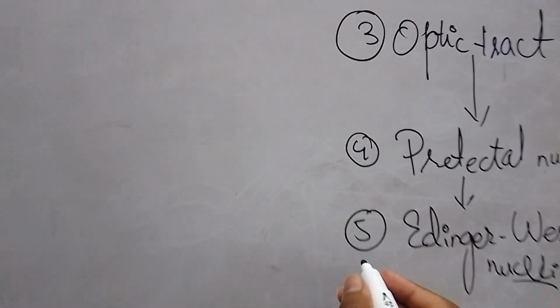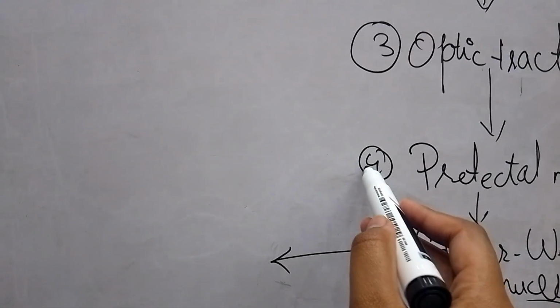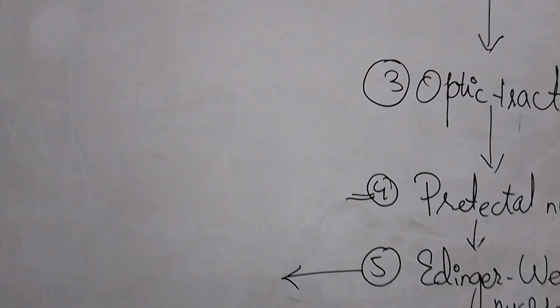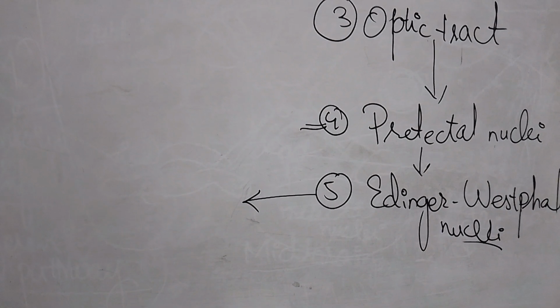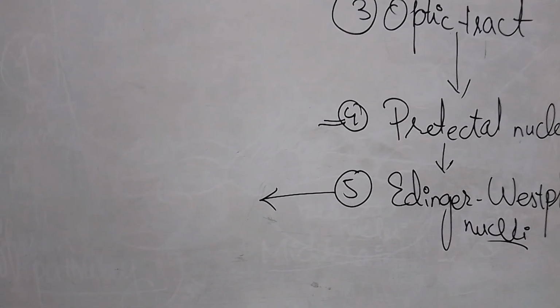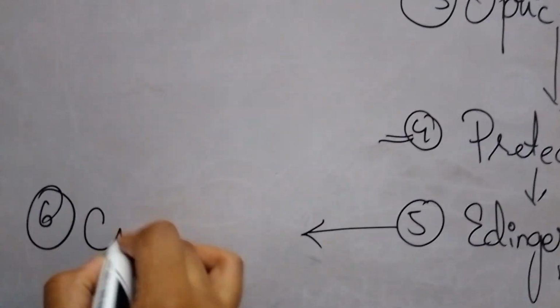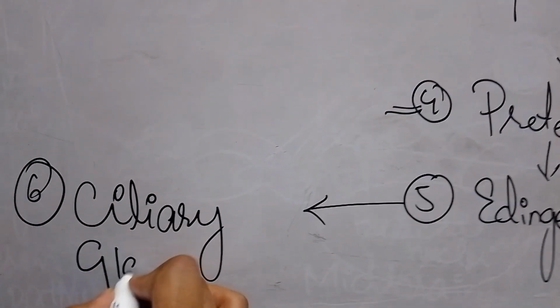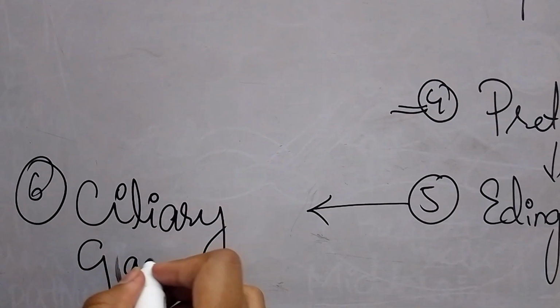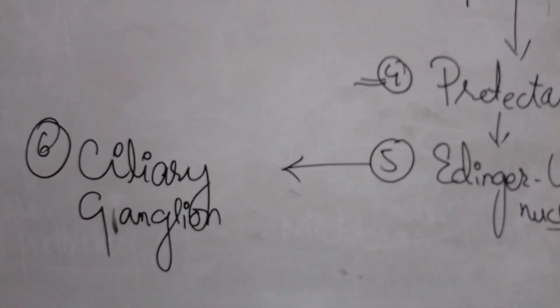From the Edinger-Westphal nucleus, the motor information has started at the level of the pretectal nuclei. Thus, the Edinger-Westphal nucleus will allow the parasympathetic nervous system to innervate and will send the information to the ciliary ganglion via preganglionic fibers.